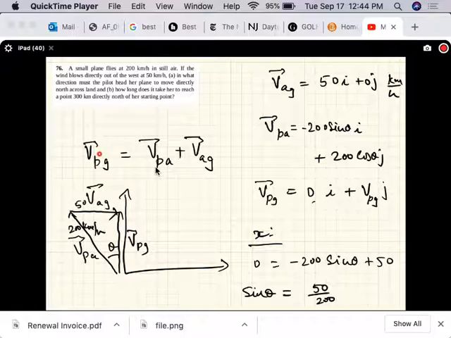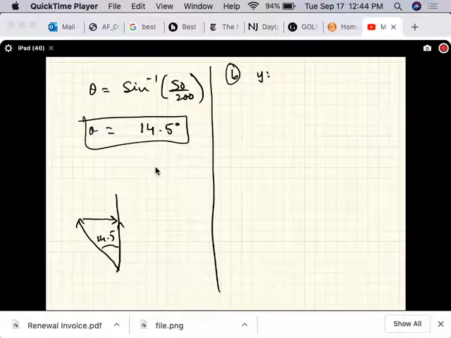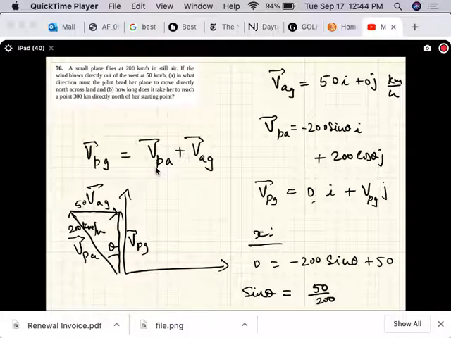V_PG y, the ground velocity y, that would give you the ground speed, is equal to V_PA y. V_PA y is 200 cosine theta, and you just found theta.